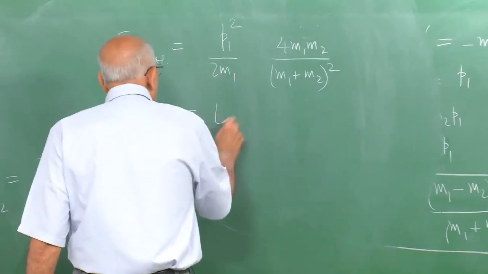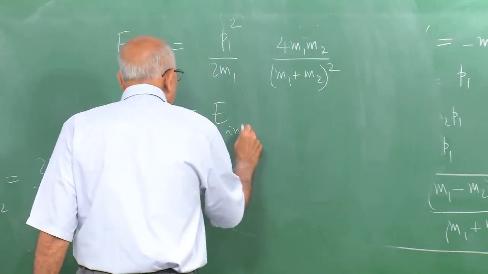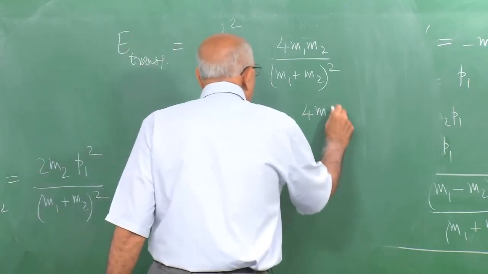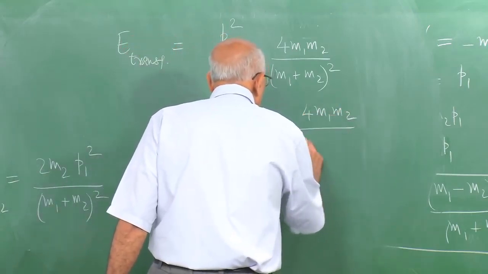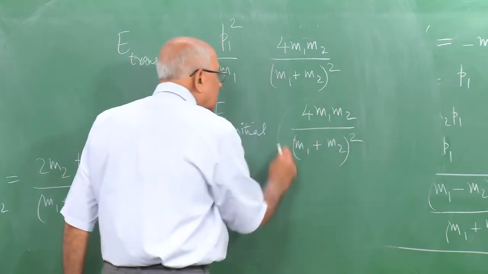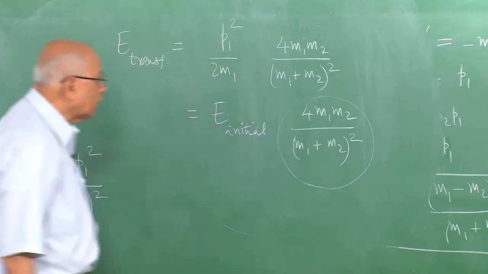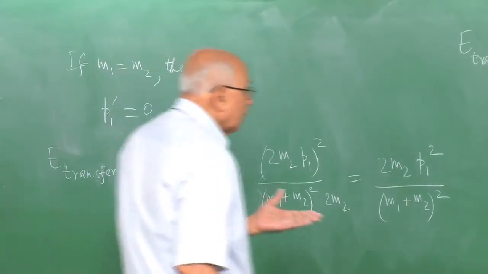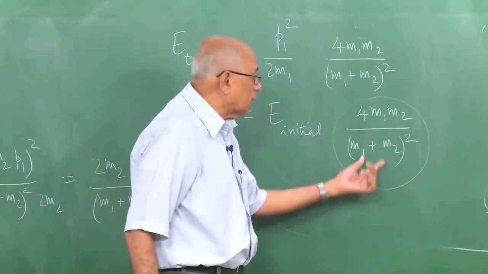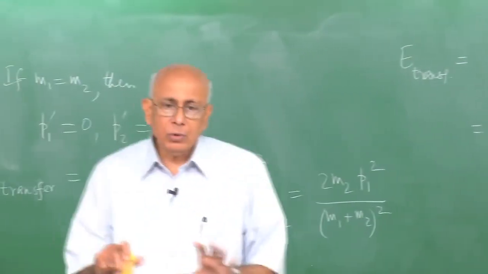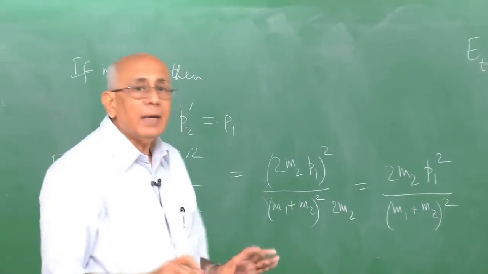But this is equal to E initial, the initial energy, times 4 m1 m2 over m1 plus m2 the whole squared. So it's this ratio, that quantity, which tells you how efficiently this energy transfer is taking place. And look at what's happening.